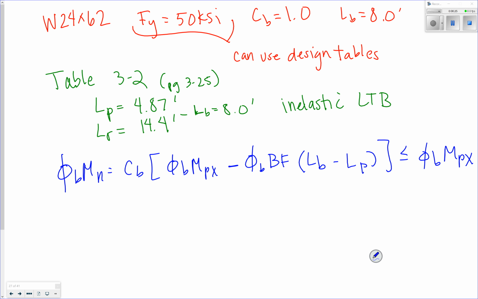That equation can be found on page 3-10. It's Equation 3-4a.